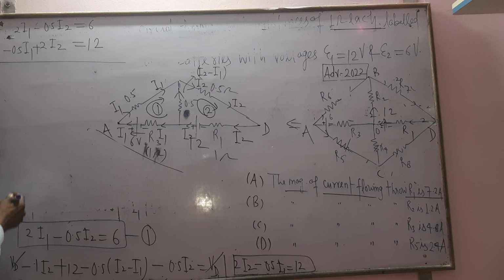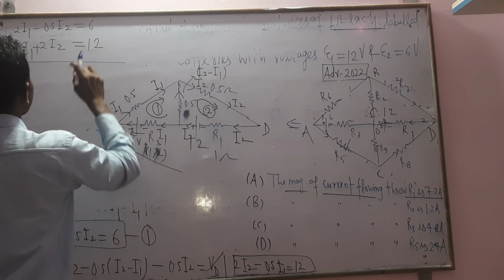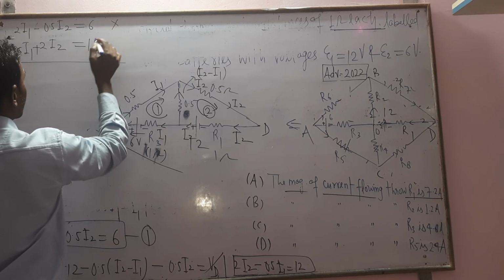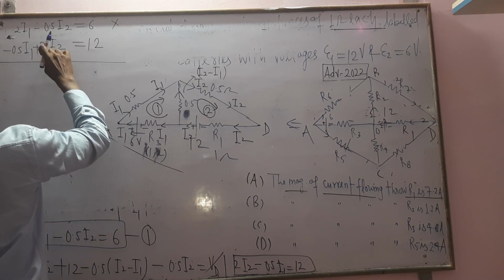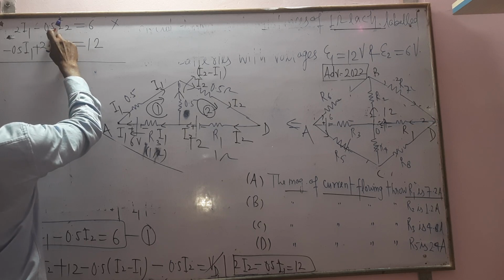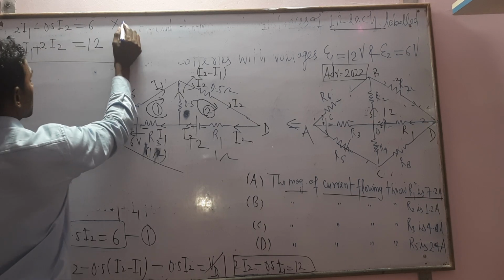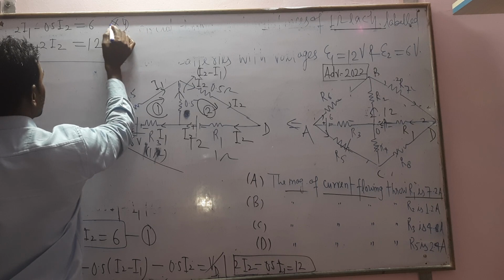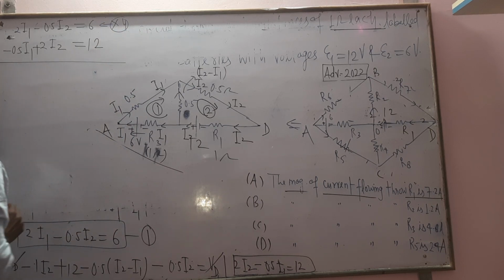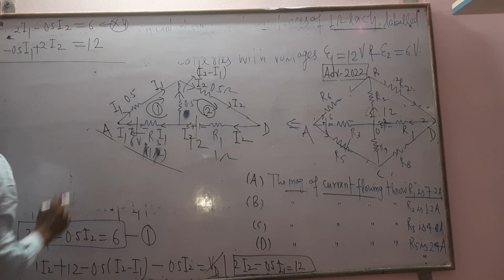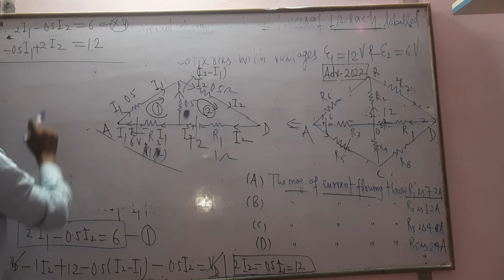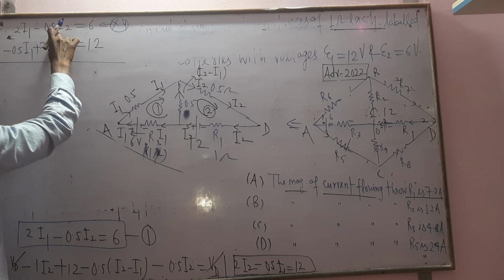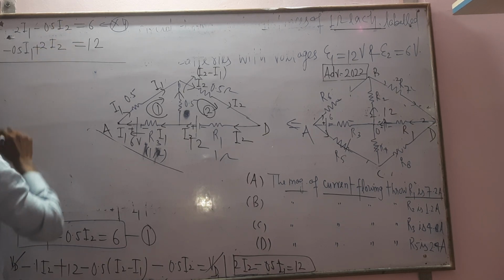Then what will happen? If we try to find I1, we multiply the first equation by 4, because 5 4s are 20. Adding these equations, the I2 terms will be cancelled out.